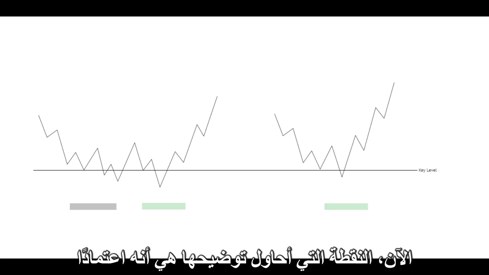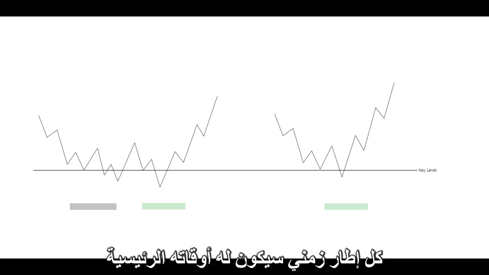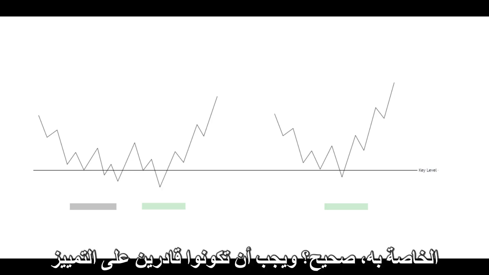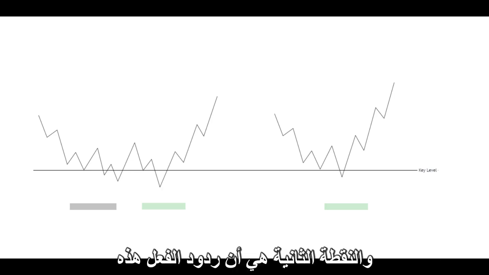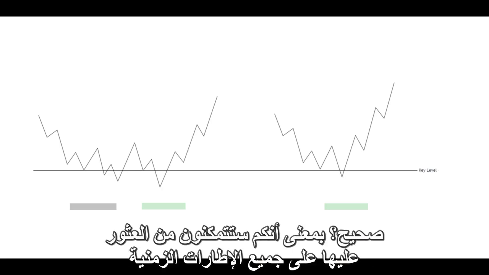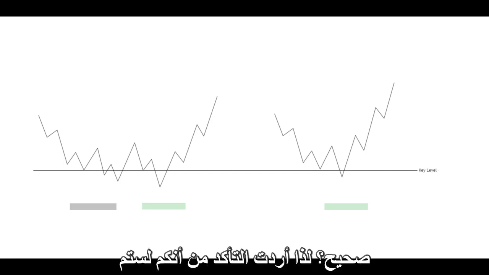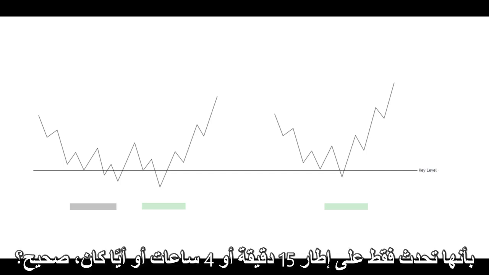Now the point I'm trying to make is that depending upon the time frame that you are looking at, each one of them is going to have their own respective key time, right? And you must be able to differentiate between them. And the second point is that these reactions I have shown are fractal, right? Meaning you will be able to find them on all time frames depending upon time frame alignment, right? So I wanted to make sure that you aren't limited in your thinking that it only happens on the 15 minute or the 4 hour or whatever, right?